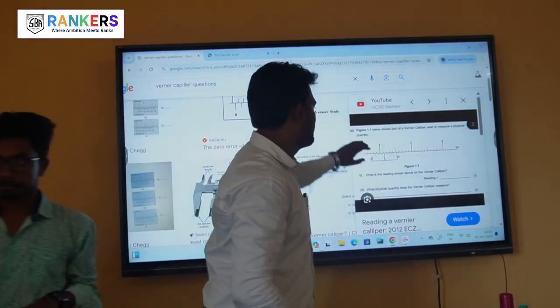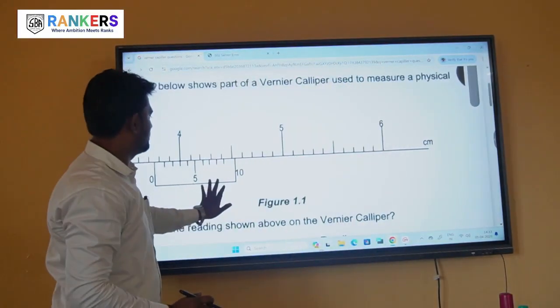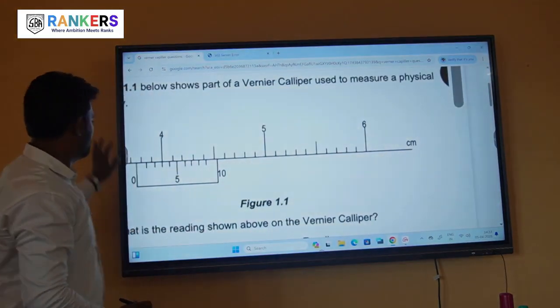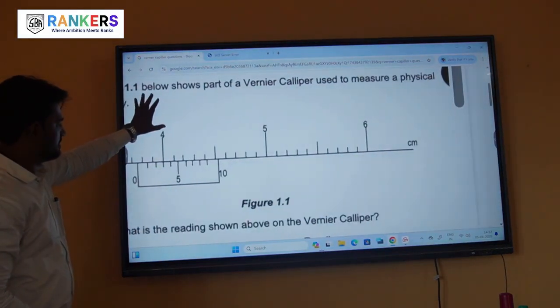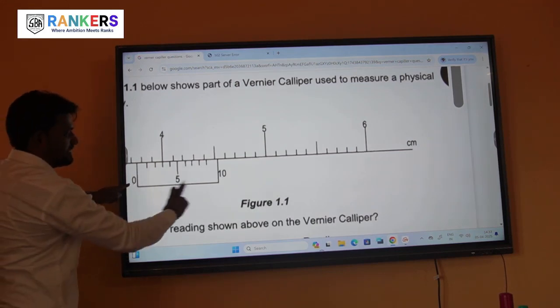Okay, listen. See this picture. See this picture. Here we can calculate the diameter or thickness of anything. This is the Vernier scale.